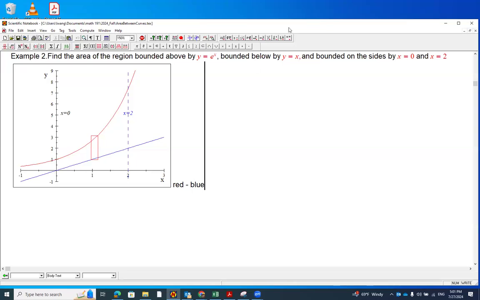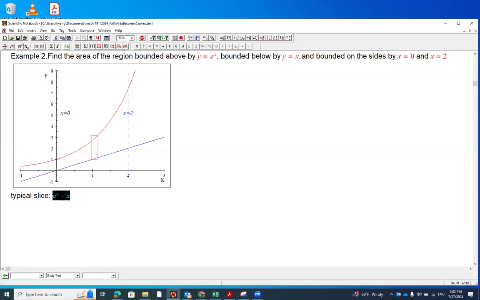So our typical slice is e to the power x subtracting x.